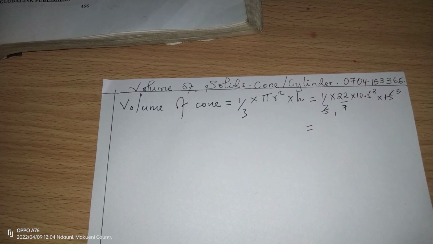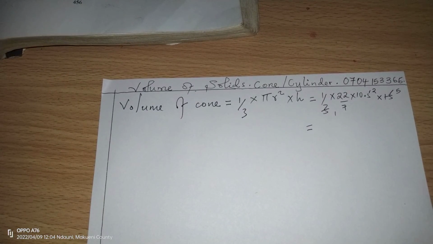Therefore now, we can multiply 10.5 squared multiplied by 22 multiplied by 5, then everything divided by 7.